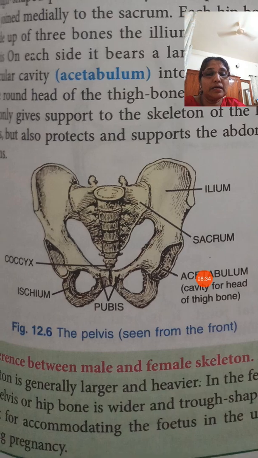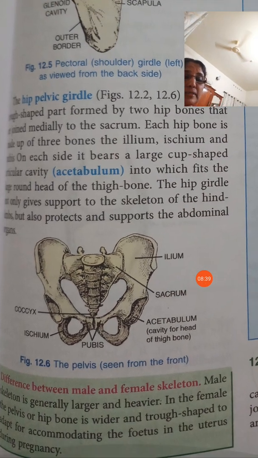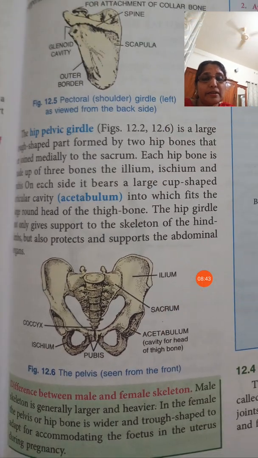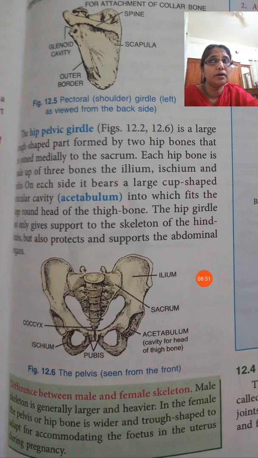Certain differences between the male and female skeleton are described here. In the male, the skeleton is generally larger and heavier than in the female. In human beings, males are the strongest individuals because their muscular body and skeleton are well developed.